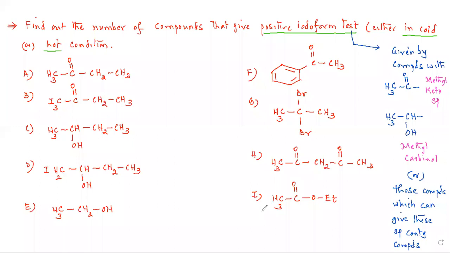Somehow if a particular compound can give compounds with these sort of groups, I mean the methyl keto or methyl carbinol. You know, methyl keto is in fact obtained from methyl carbinol.